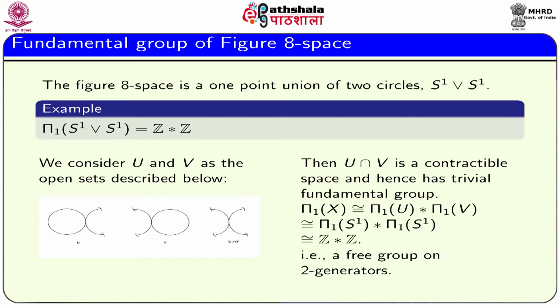This U intersection V, as seen in the figure, is a contractible space and hence has a trivial fundamental group.